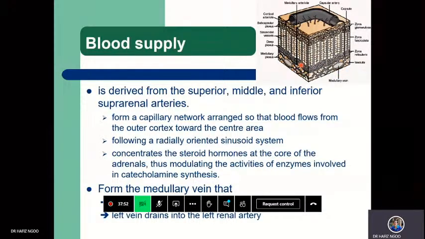Okay, so there are basically two capillary plexuses. One is to make sure that all the hormones collected, the steroid hormones, will flow through to the central vein, and finally also bathe the chromaffin cells. That means the adrenal medulla.